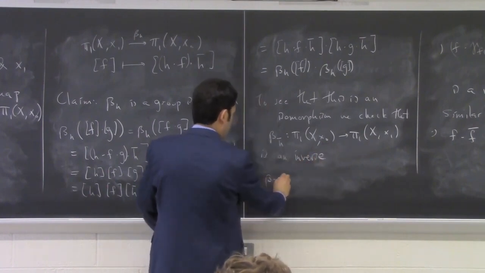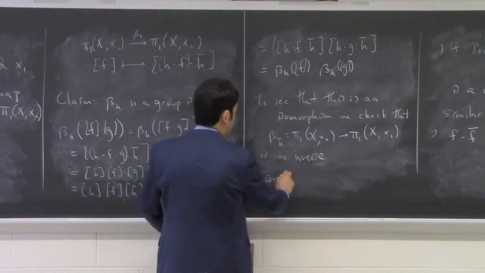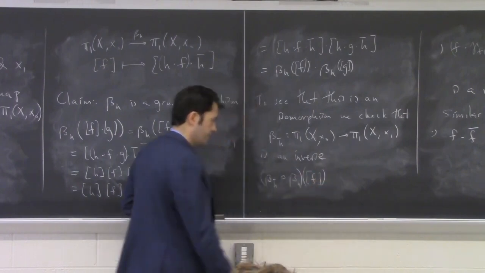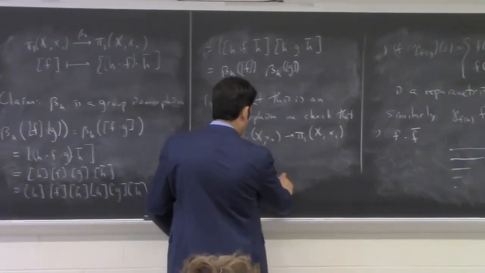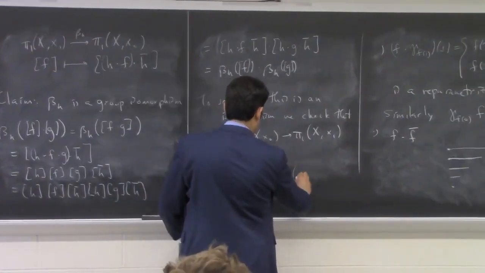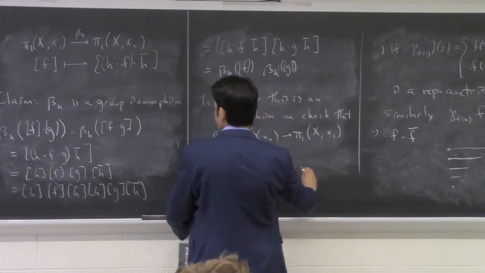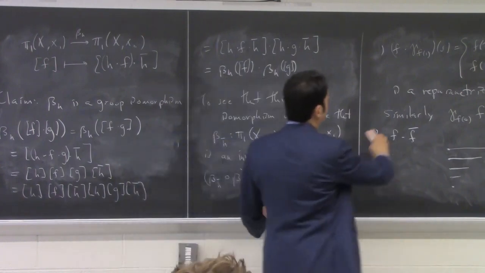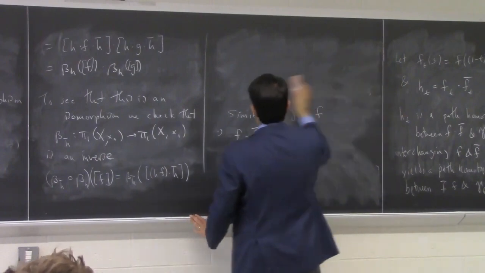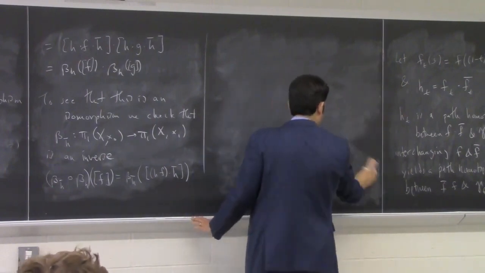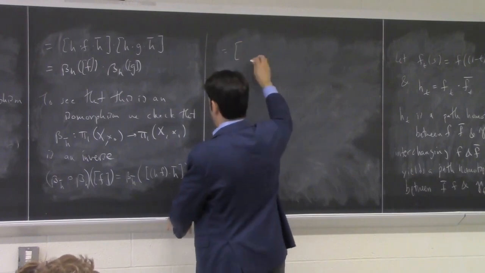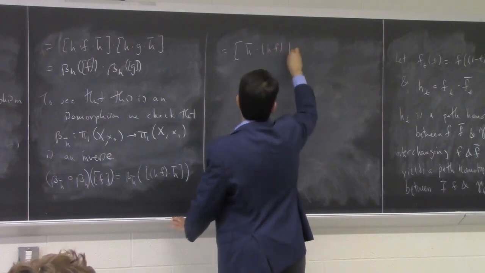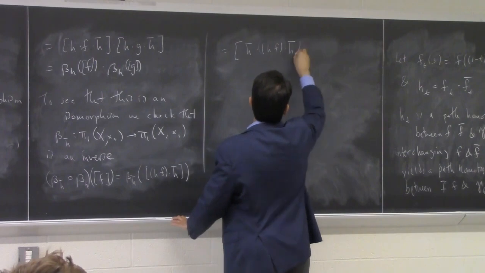So beta h bar composed with beta h of the homotopy class of a loop f is equal to beta h bar of h dot f dot h bar, so that's h bar dot h dot f dot h bar dot h.